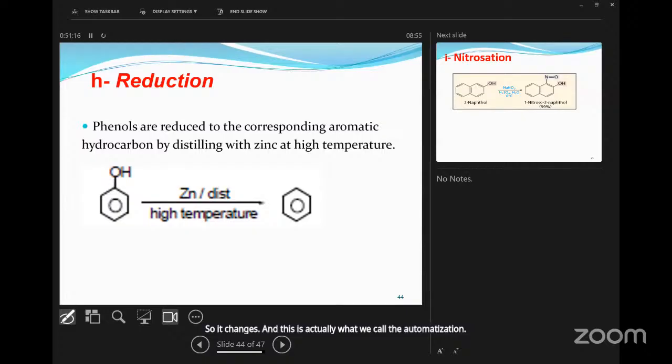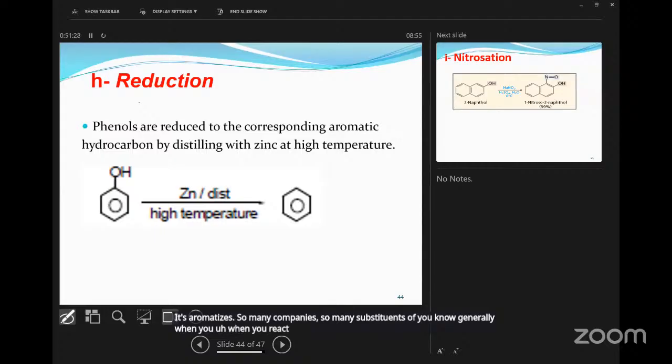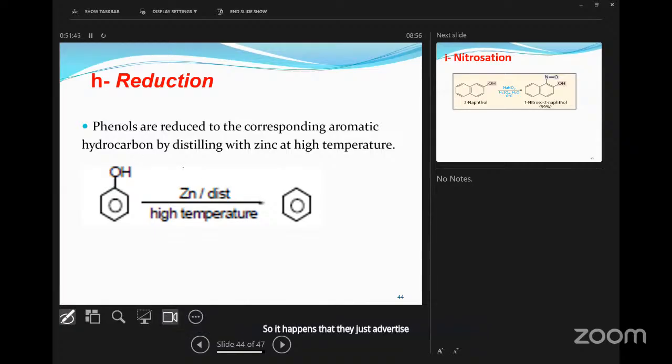It aromatizes. Many compounds, many substituted phenols generally, when you react them at high temperature with certain metals like zinc, tin, sometimes even copper, they aromatize. And then what you get is just the benzene ring. So they just aromatize and all the substituents disappear.